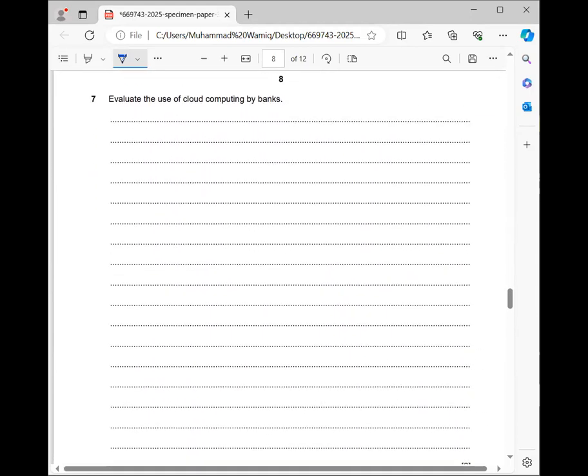The next question is for 8 marks. Evaluate the use of cloud computing by banks. So I will need to write here for 8 marks, so I need to evaluate the use of cloud computing.